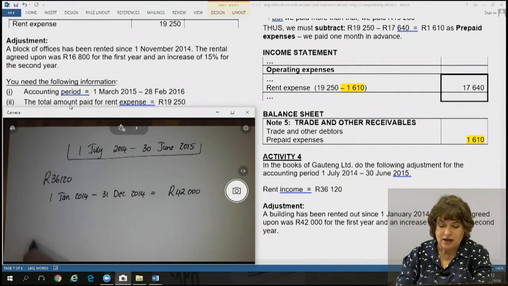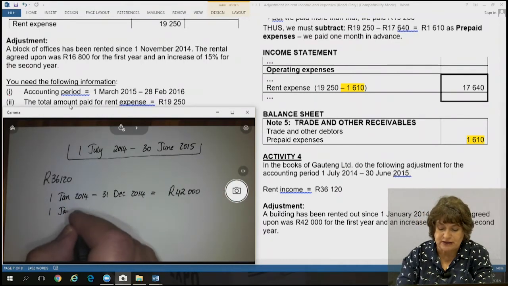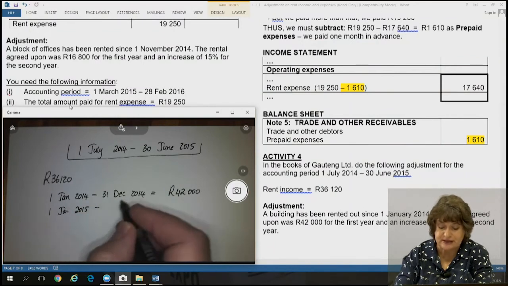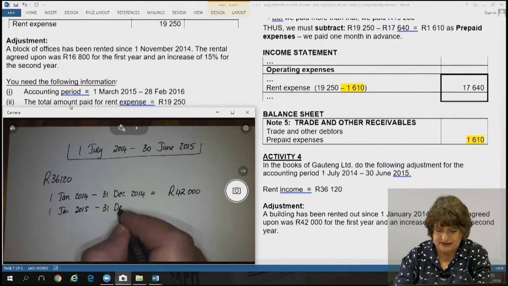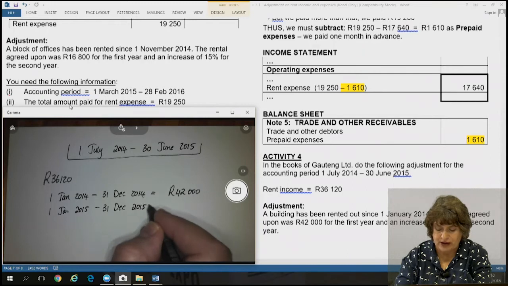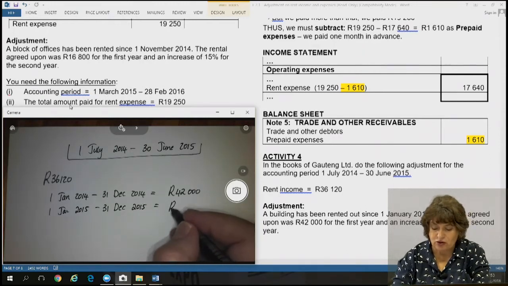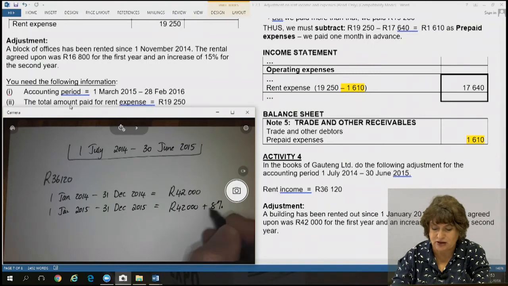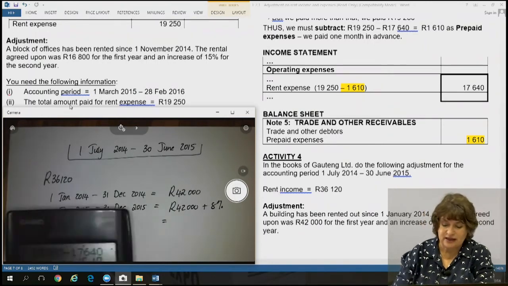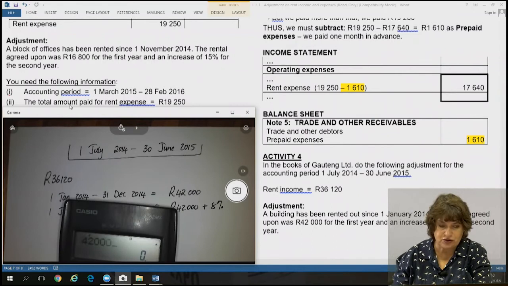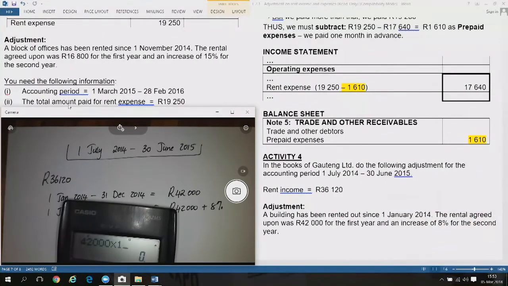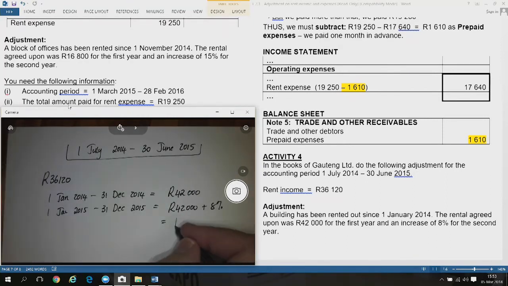From the 1st of January 2015, that is the second year of rent income, it will be 42,000 plus 8% increase, and that gives us 42,000 times 108 divided by 100, which gives us 45,360.